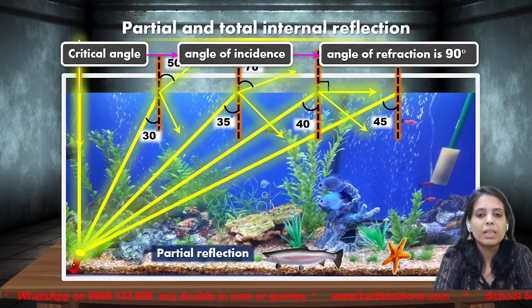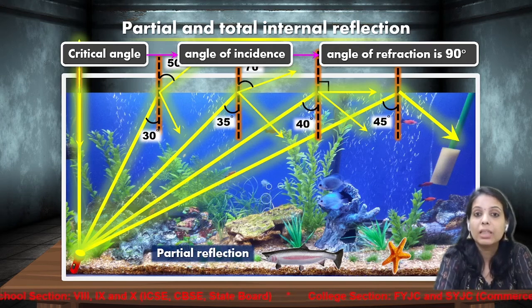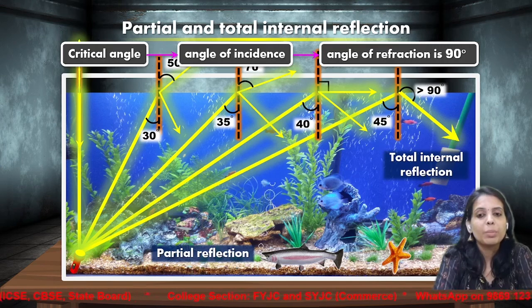So when we increase it beyond the critical angle, in this case, let us consider it to be 45 degrees, the light, instead of getting further refracted, gets totally reflected in the same medium. This is happening because our angle of refraction is becoming greater than 90 degrees.